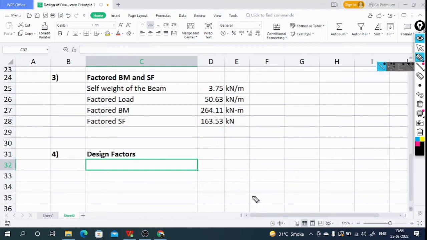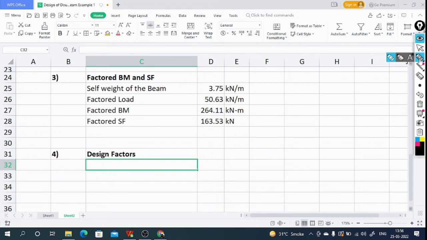Now we will see design factors. Whenever we are designing any structural elements with respect to limit state methods, we are required to write some design factors. Here also we have some design factors. We are dealing with the design of beam.